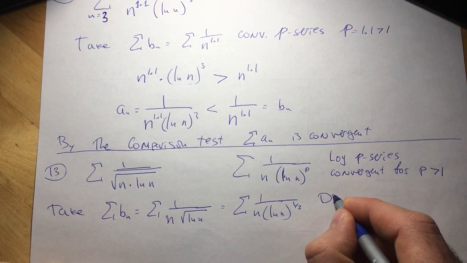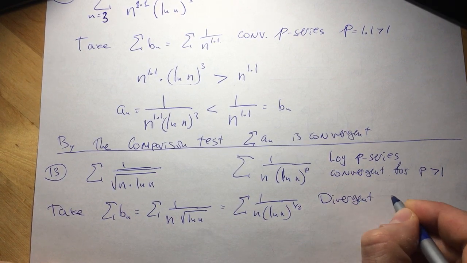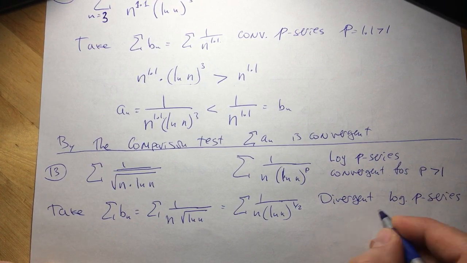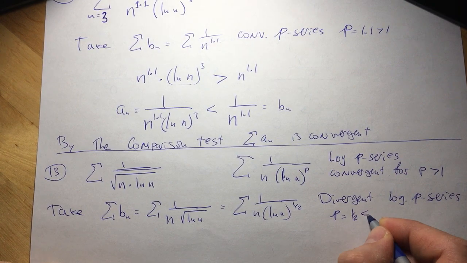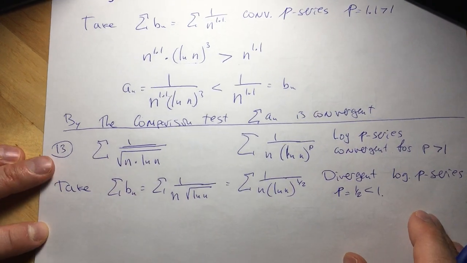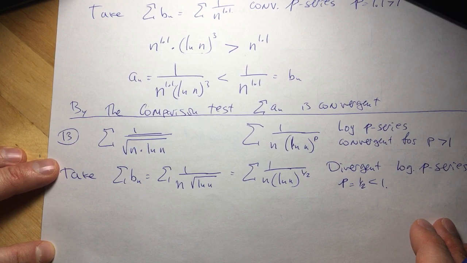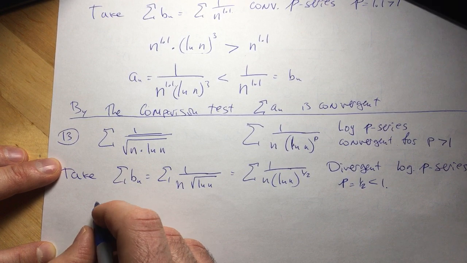We're talking about a divergent logarithmic p series, because p is 1/2, less than 1. Okay, and then we can just use the comparison test here again.